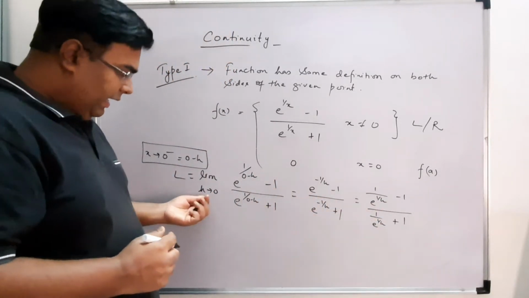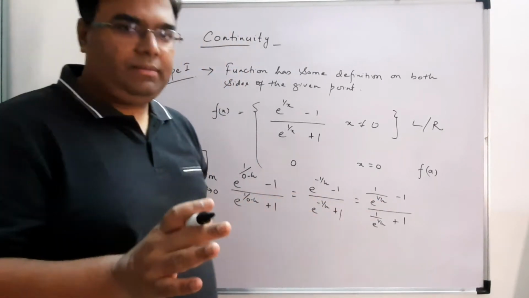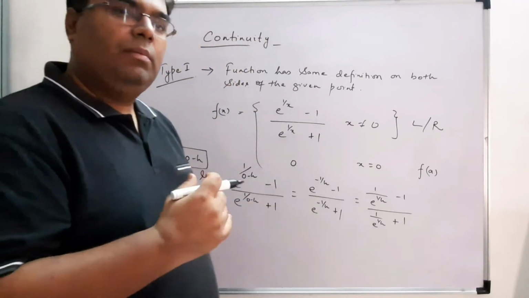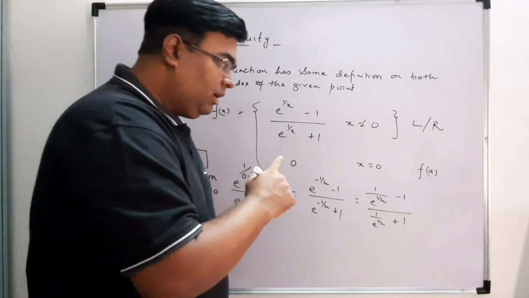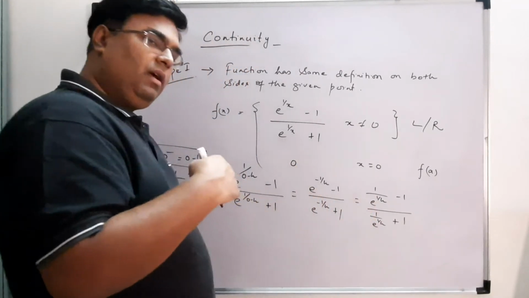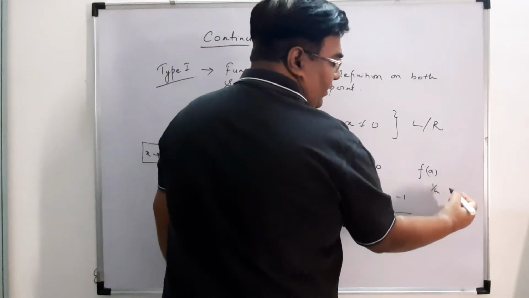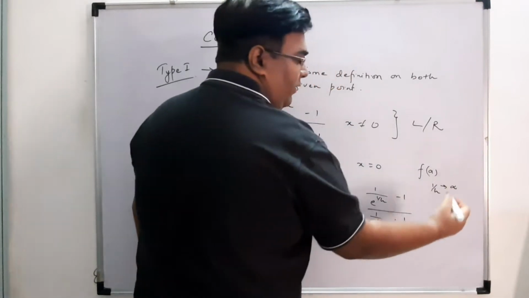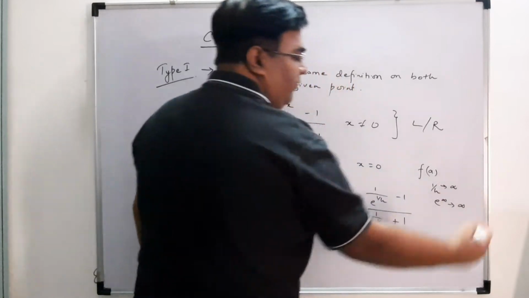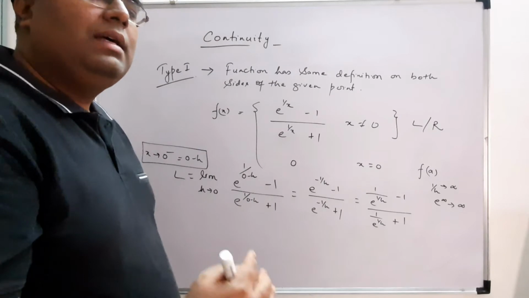Now if you take h as 0, this 1 by h will become infinity. h is not equal to 0, it is very close to 0, so 1 by h will become infinity, and e raised to infinity will give you again infinity. And 1 upon infinity is basically 0.